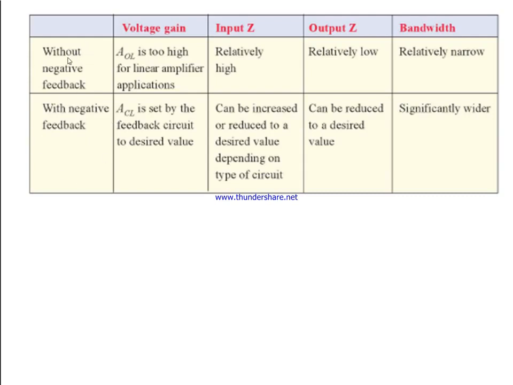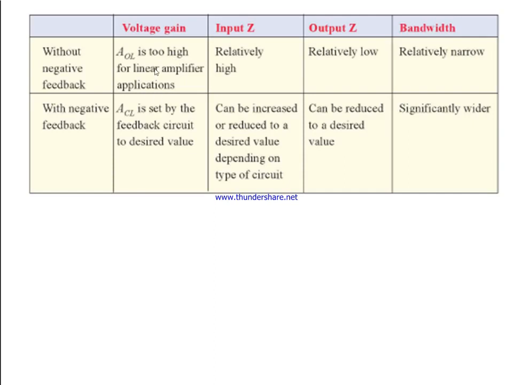So without a negative feedback, the voltage gain AOL is too high. But when we apply negative feedback, that is, a part of the output is fed back in opposition to the input, then it becomes a closed loop, and the closed loop gain is less than that of the open loop gain.